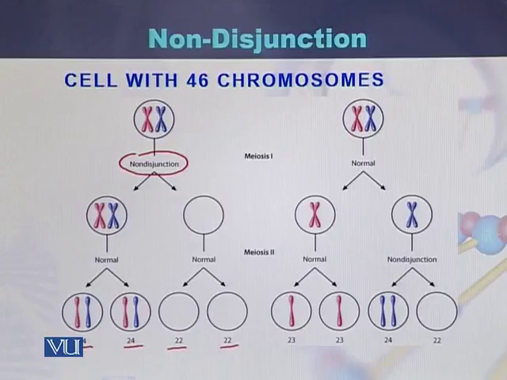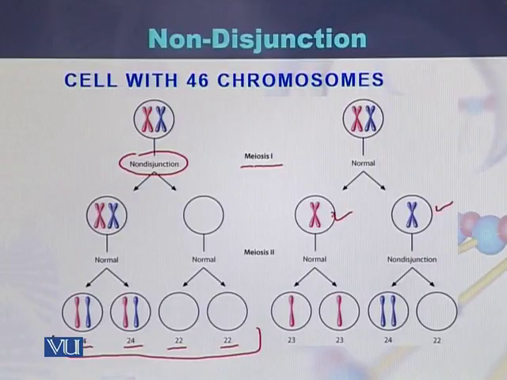So if the non-disjunction is during meiosis 1, then all the cells which will be produced will have an abnormal number of chromosomes. On the other hand, if the first meiosis is the normal one, where the chromosomes segregate, one chromosome is in this cell and the second chromosome is here.